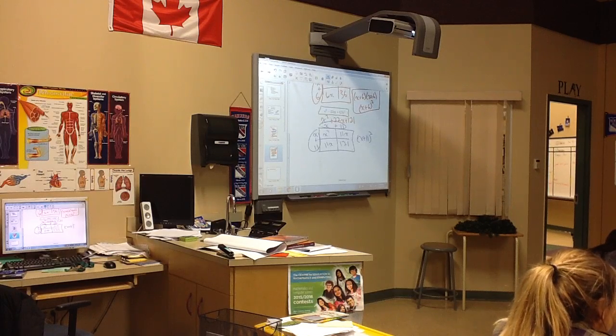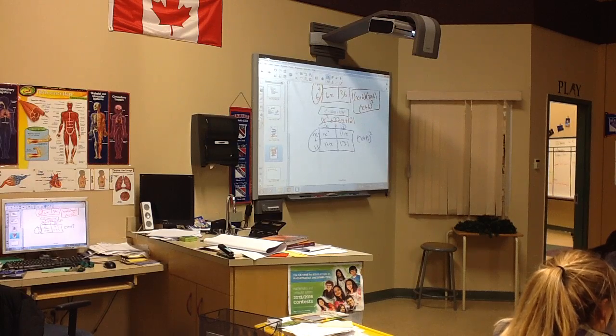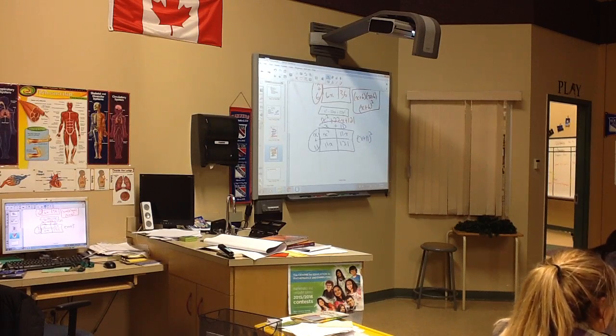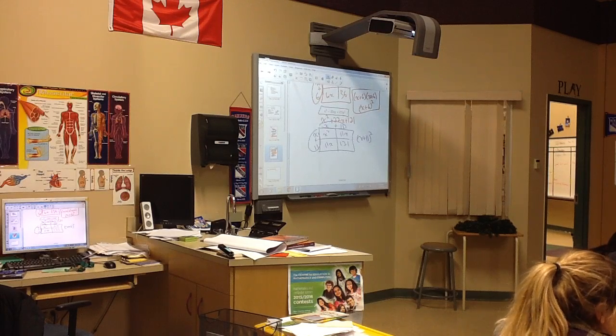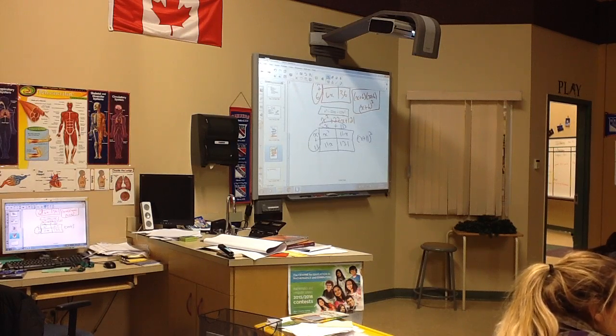You need to at least add up to equal what? It's negative 11x. In order for you to combine numbers, they have to have the exact same variable, so it has to be negative 11x.